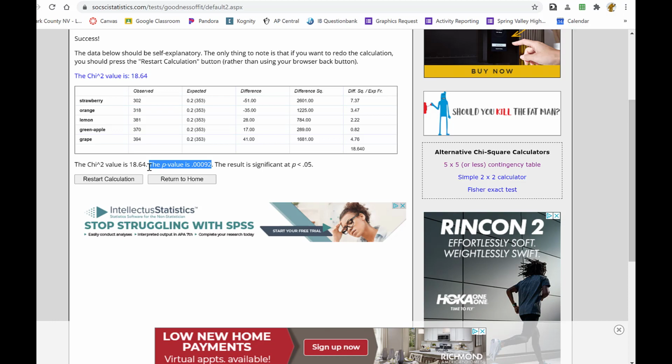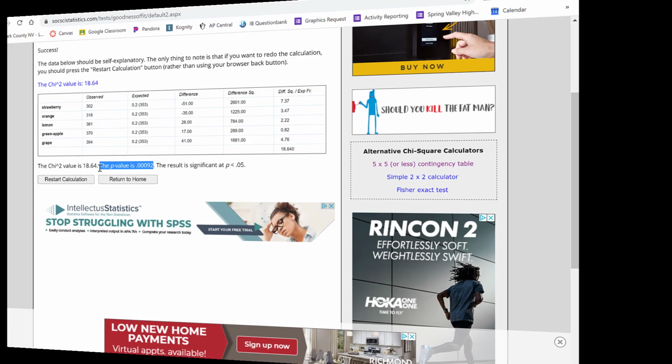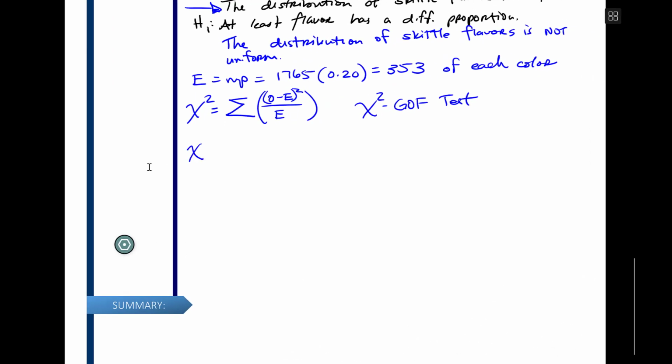So let's go back and actually write out our results. So here's our results. We had a chi-squared test statistic of 18.64, which if we round it to 3 sig figs is going to be 18.6. So there's our 3 sig figs. We had degrees of freedom of categories minus 1. We had 5 different flavors, so 5 different categories, which gave degrees of freedom of 4.